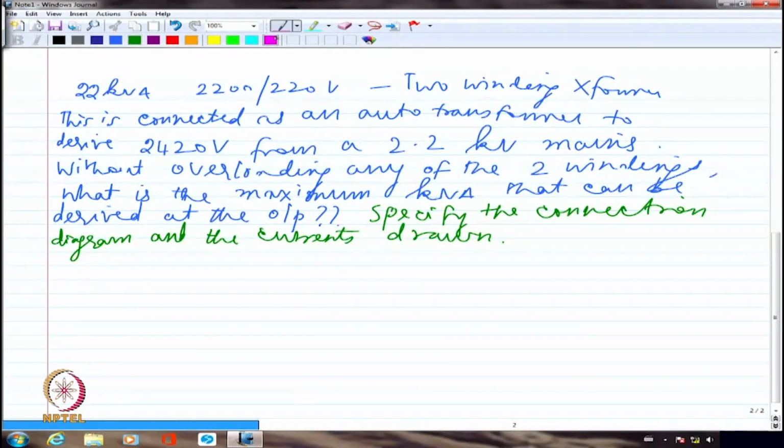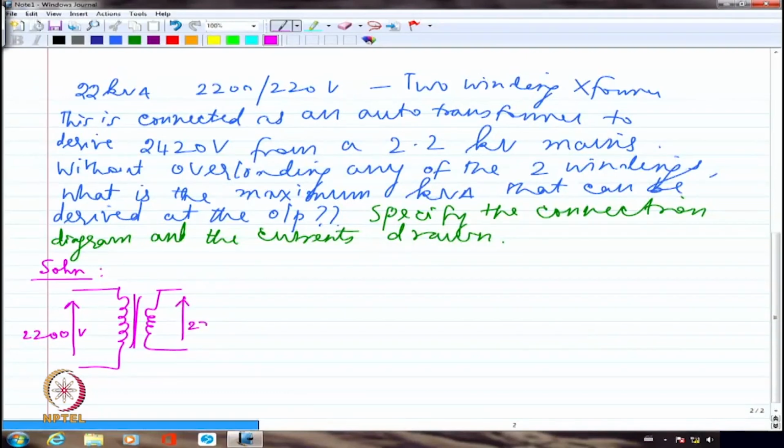Right. So to start with, I am having 2200 volts on one side, and on the other side it is 220 volts. Now, if I am connecting full load, according to the kVA rating, this will have a current of 10 ampere and this will have a current of 100 amperes.